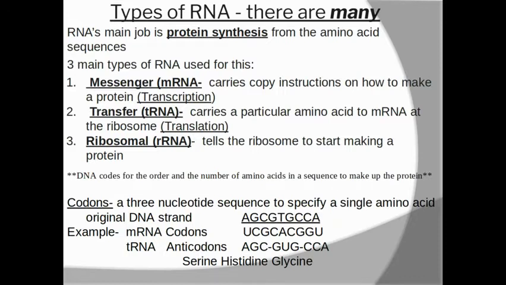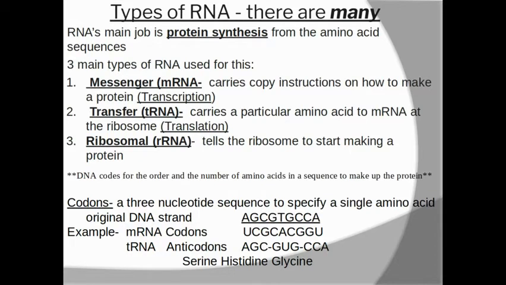The codon is a grouping of three nucleotides in a sequence to specify a single amino acid. And this phenomenon is really important to understand, so really focus right now.